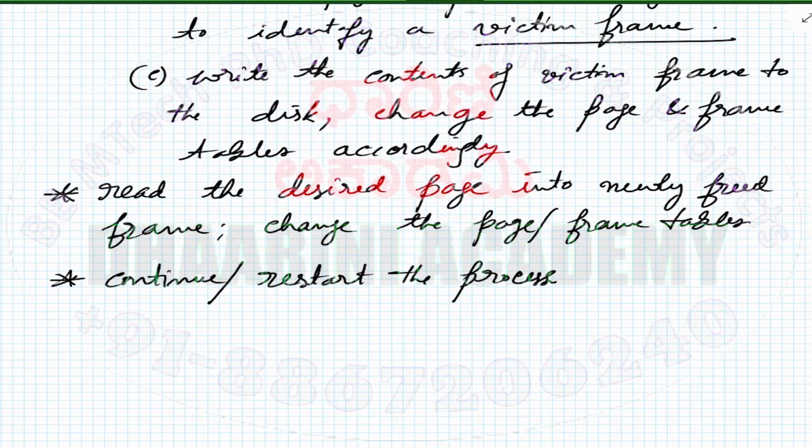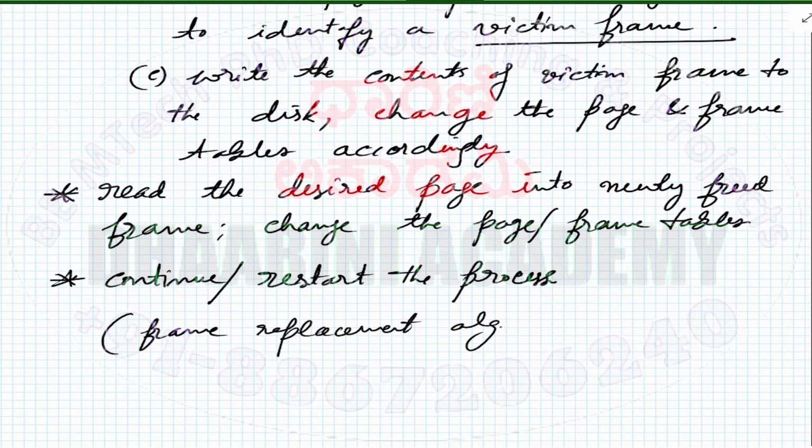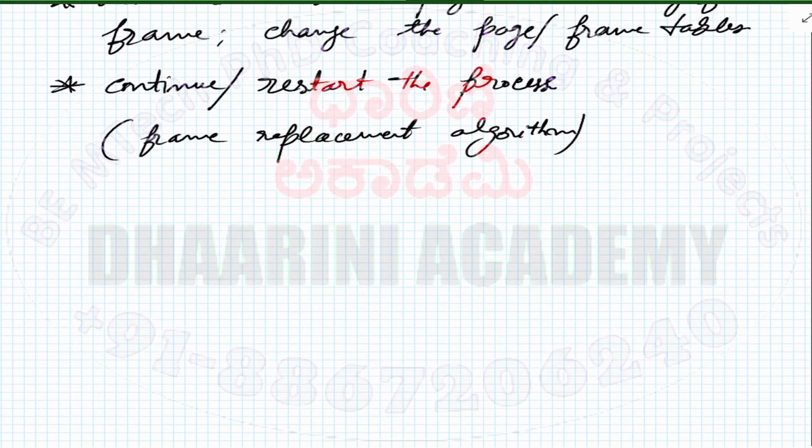Normally whatever we use to perform a page replacement, in some of the author textbooks they call it a frame allocation algorithm. So just remember, I'll write a name. It's also called frame replacement algorithm.